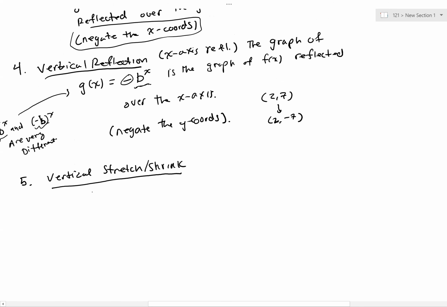So we say the graph of g of x is equal to c times b to the x is a vertical stretch or shrink of the graph of f of x.